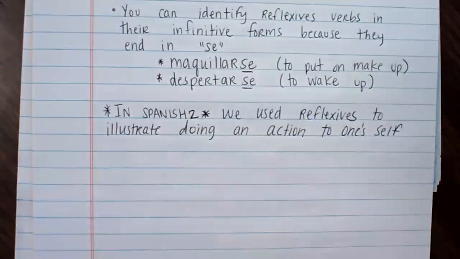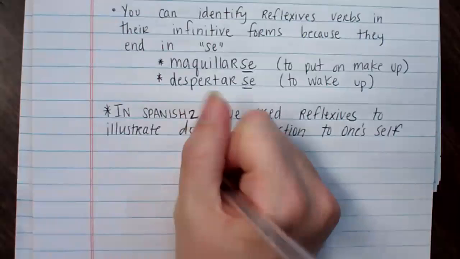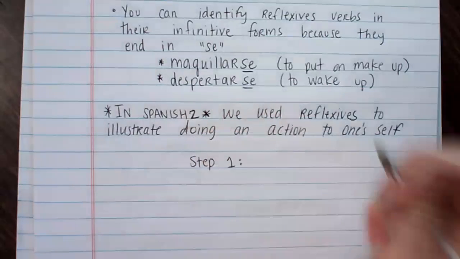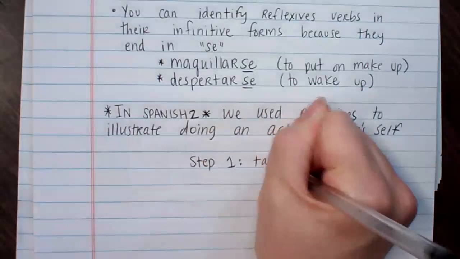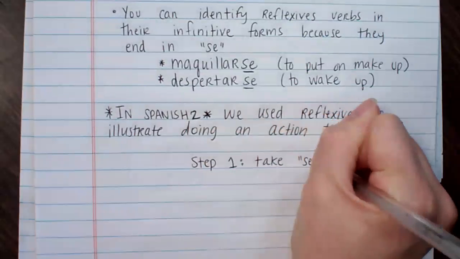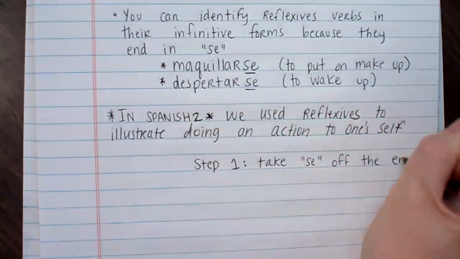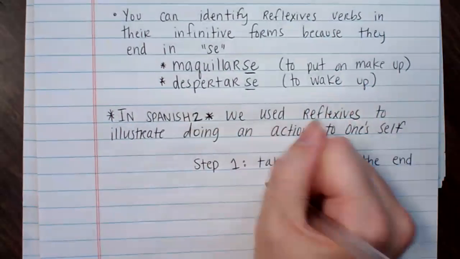So to form a reflexive verb, you have to form the correct conjugation. And to do that, step 1, you take the se off the end and move it to the front.